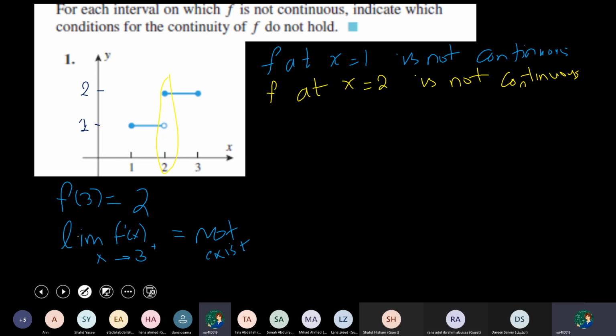Now what about limit f of x when x approaches 3, but from the left now? From the left, what does it approach?